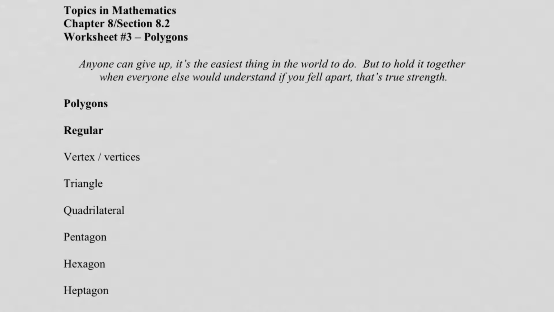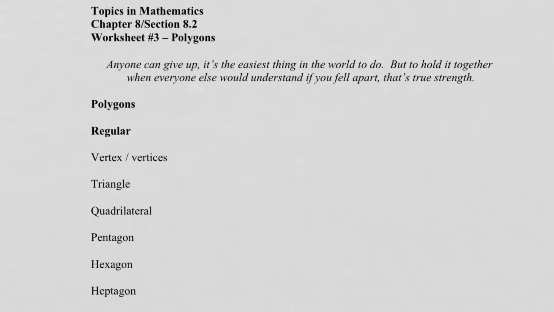Okay, so first of all, this is about polygons, okay? And so basically, we're just going to fill in these definitions. Just a few of them are a little bit longer than the rest. But polygons basically, a closed figure with at least 3 sides.